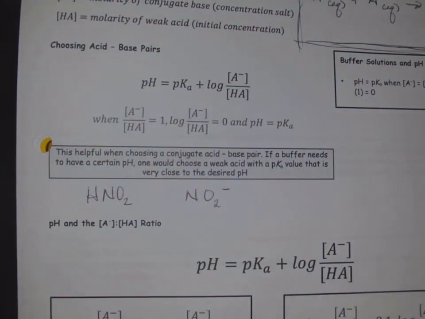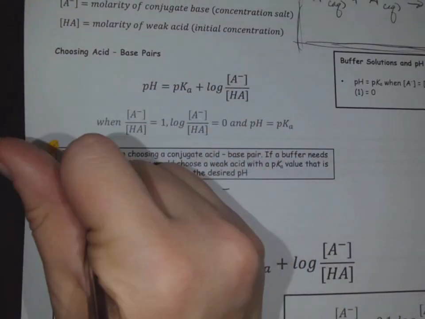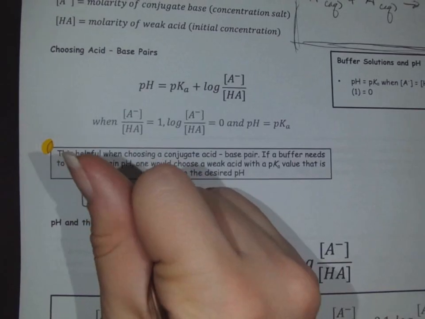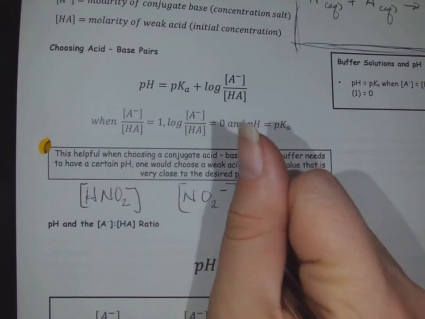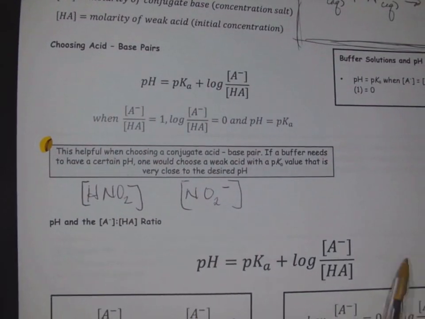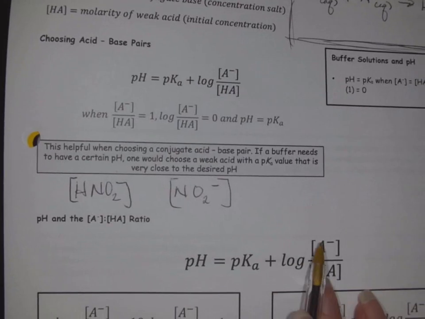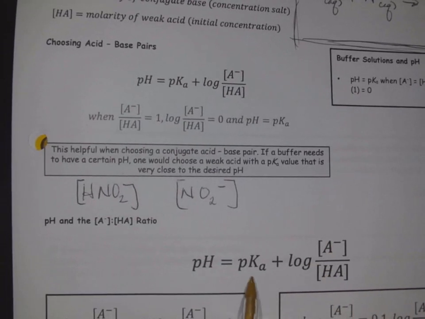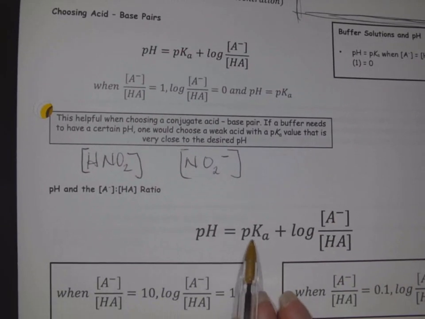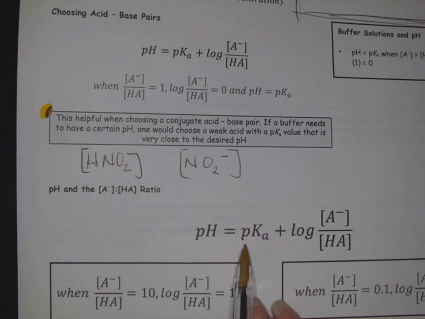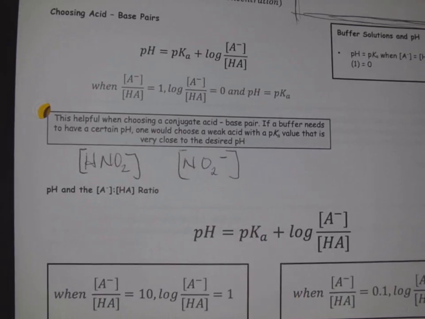Looking at an example here in a little bit, we'd find the concentration of each of those items, and then you can plug it in here. If you're given the Ka, you would do the negative log of that to find the pKa. If you are given the pKa, don't change it.